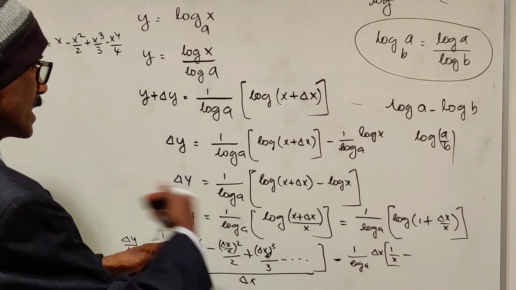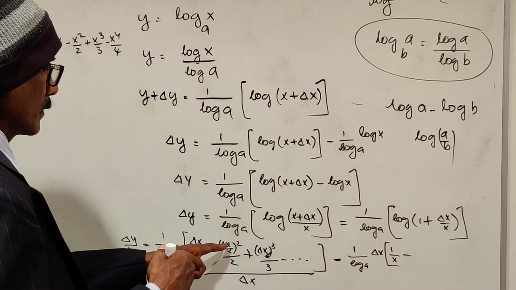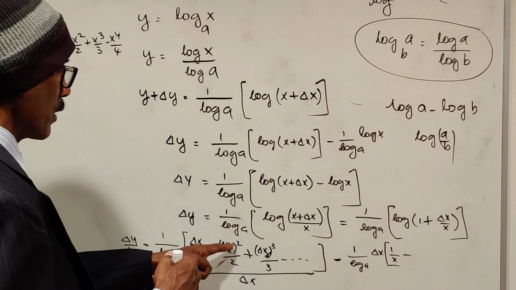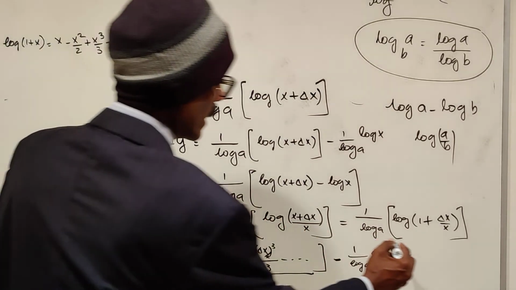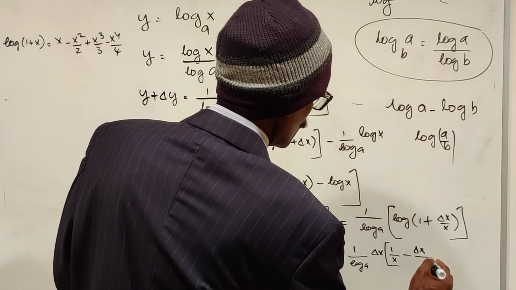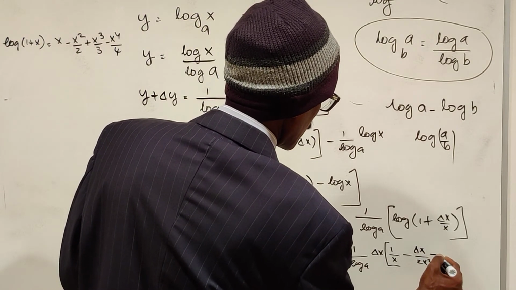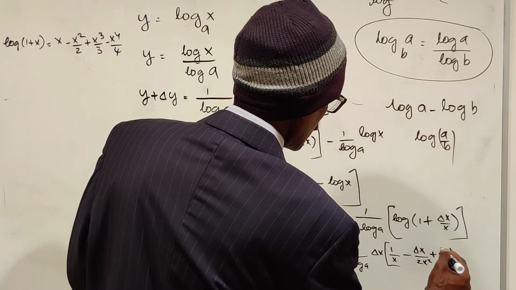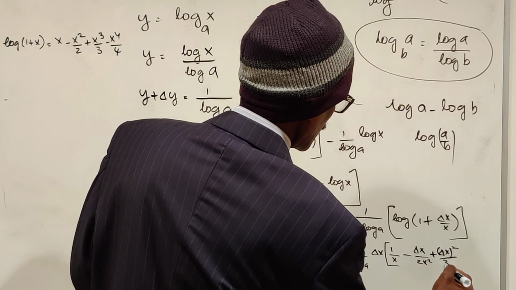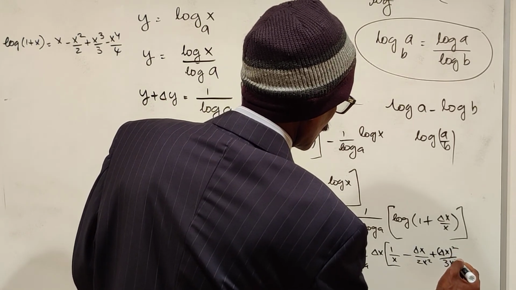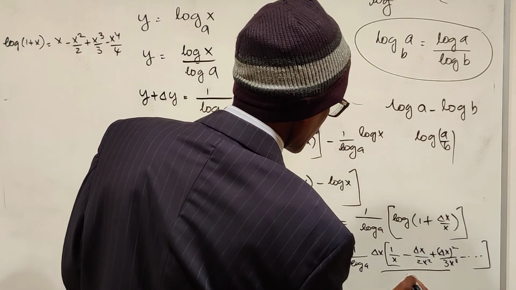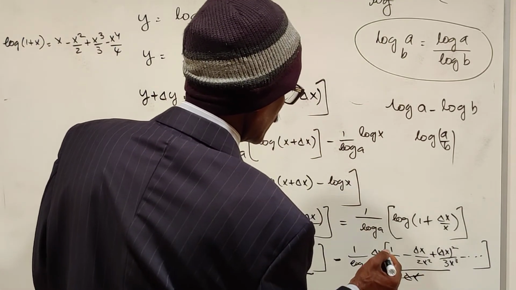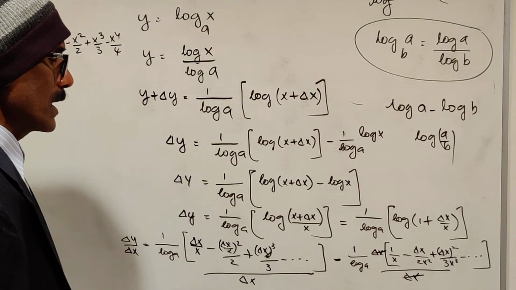When you take out one delta x outside, the leftover is delta x by 2x square plus delta x square by 3x cube minus etc., divided by delta x. This delta x and delta x cancel out.